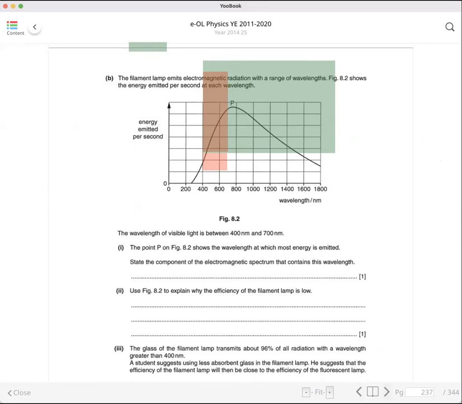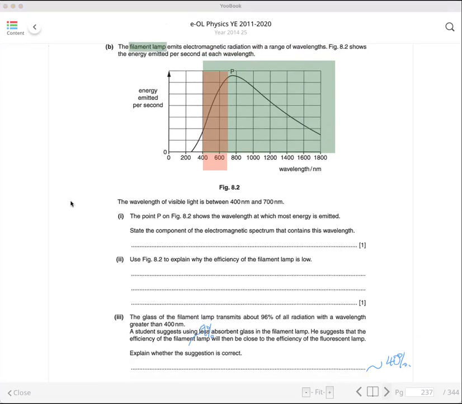So filament is 9%, then fluorescent lamp is 40%.